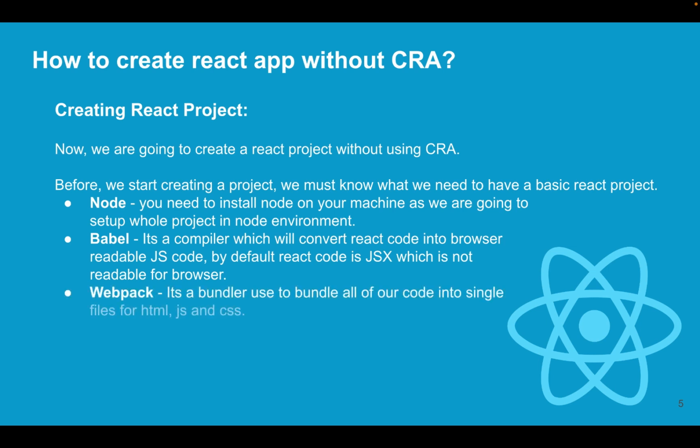And next we will need Webpack. Webpack is basically a bundler which we need to compile our files into a single file for HTML, CSS and JavaScript. And last but not least is VS Code. It's a code editor. Most developers use VS Code, but if you have something else you can use that.